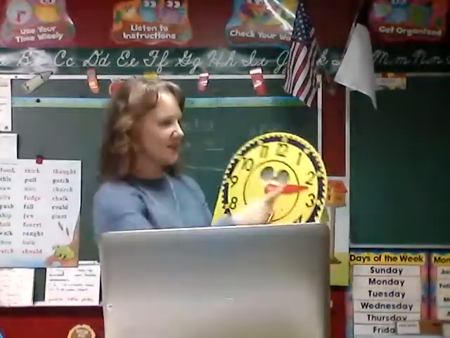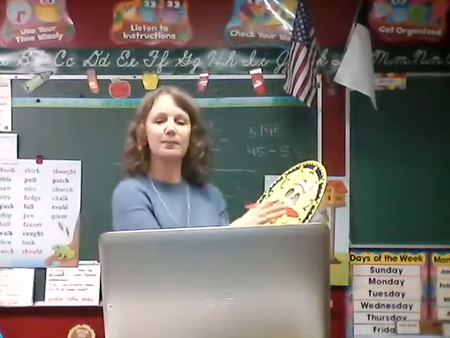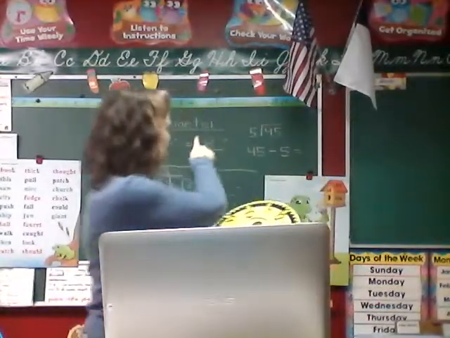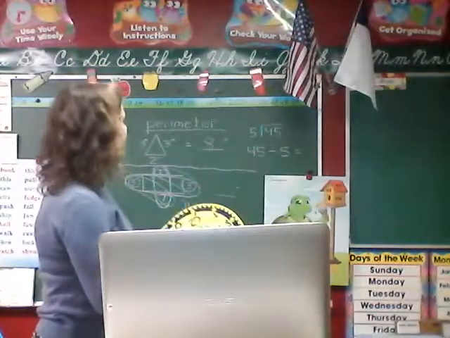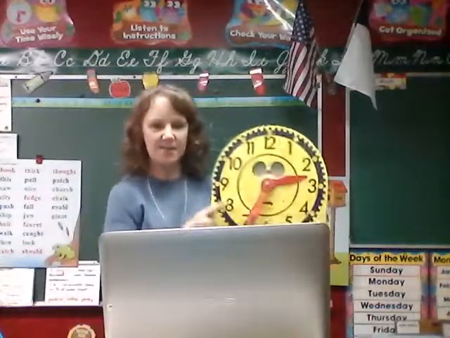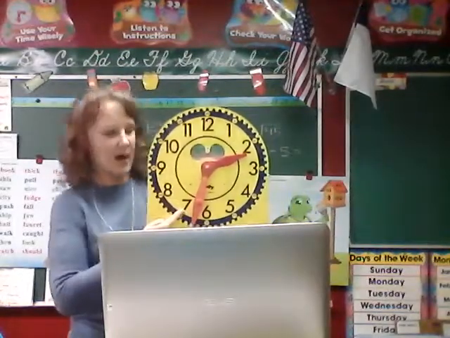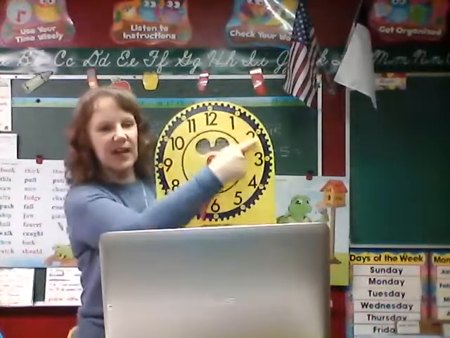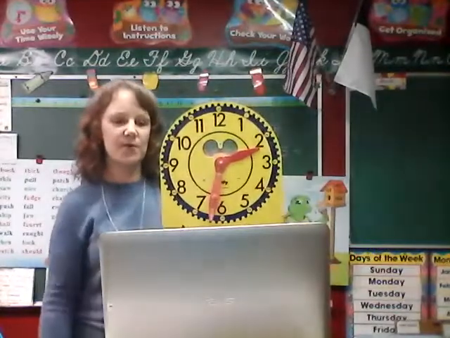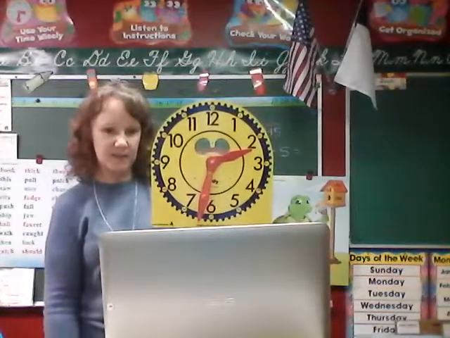All you have to think of are how you count the minutes. So let's take that one. 45 divided by 5. Which number on the clock stands for 45 minutes?